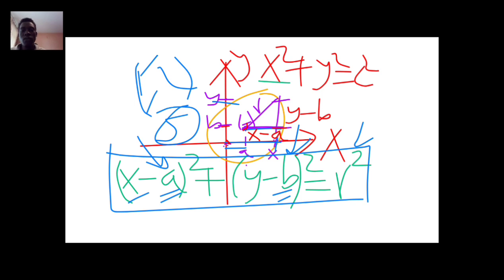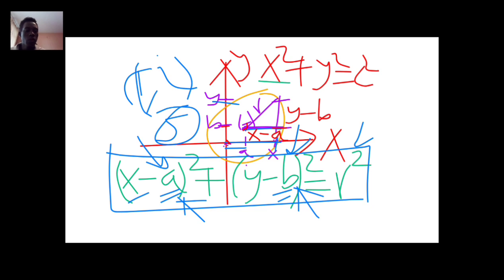1 here represents the x value, and 2 represents the y value. So a represents the x value and b represents the y value as coordinates of the center.